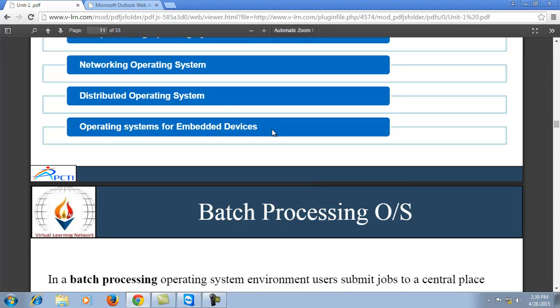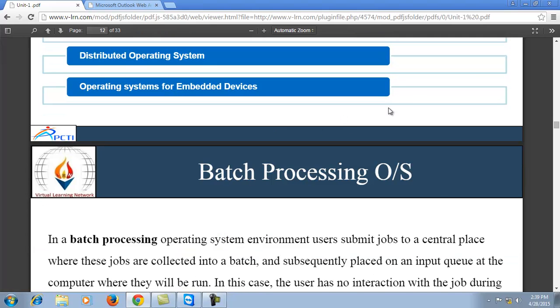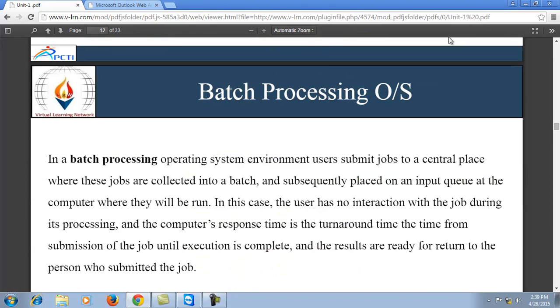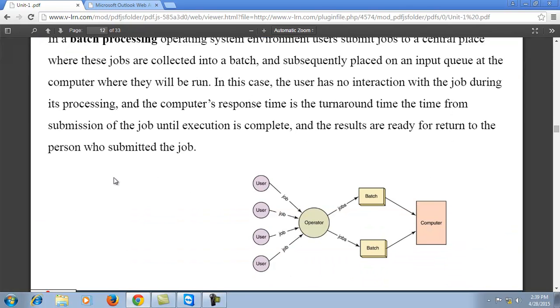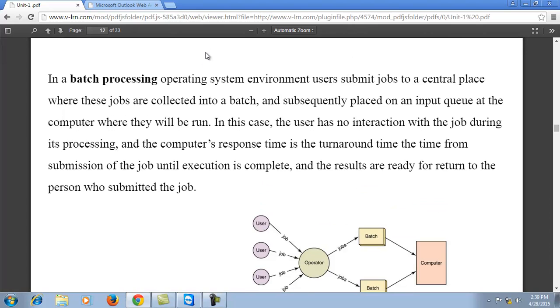Now we are discussing all kinds of operating systems in detail. First comes the batch processing system. In a batch processing operating system environment, users submit jobs to a central place. All jobs should be of similar types and are collected into a batch and subsequently placed on an input queue at the computer where they will execute.